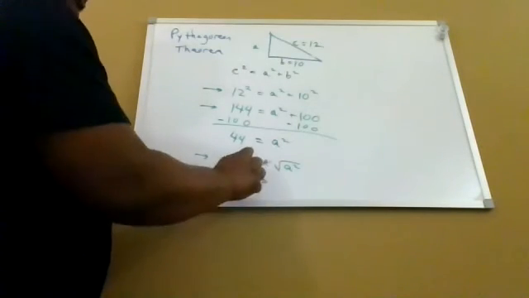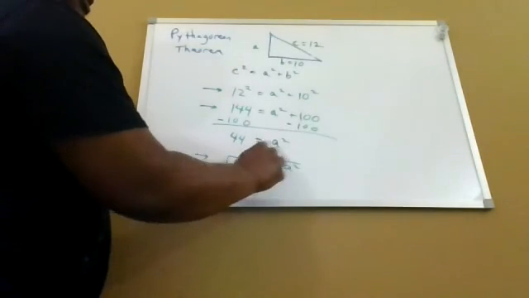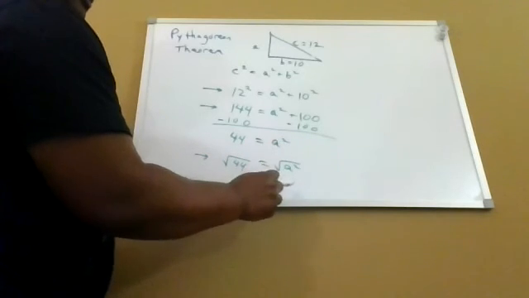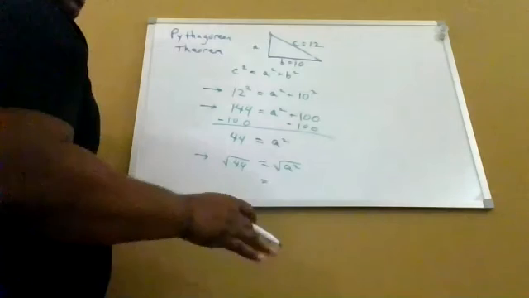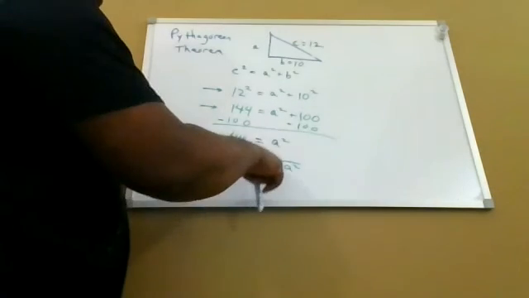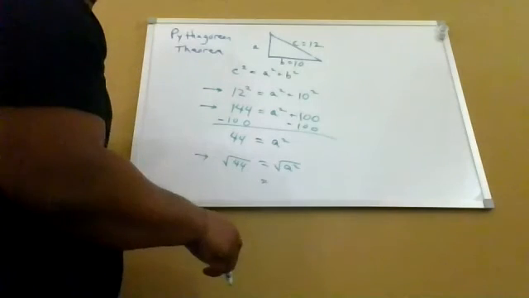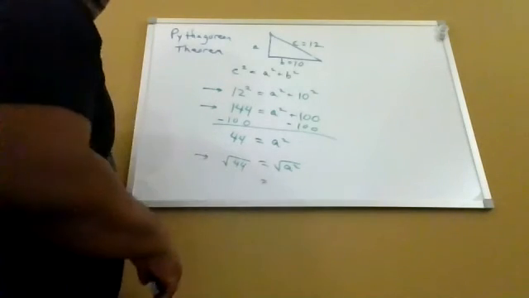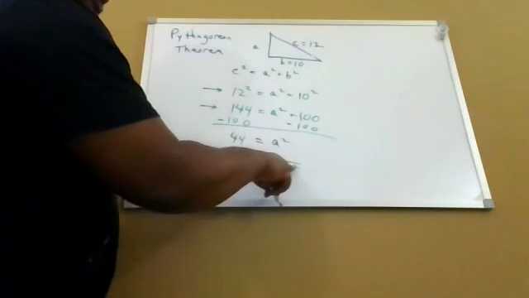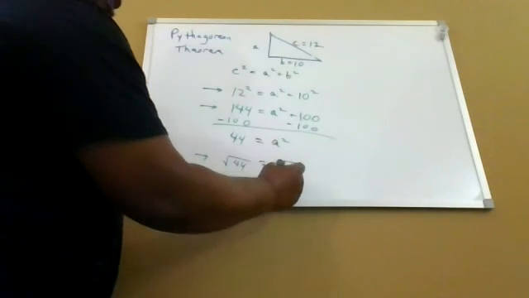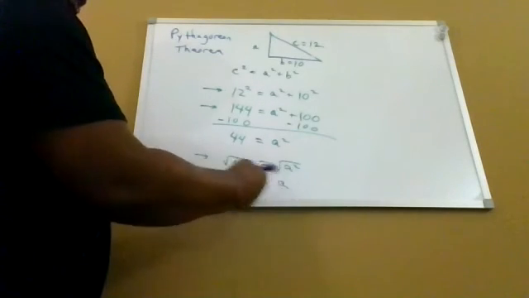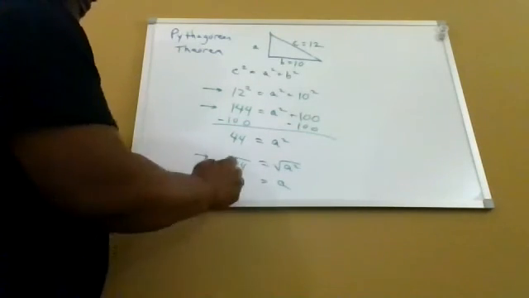And as we just said, when you take the square root of the square, the square root sign and the 2 cancel each other out. Might be hard to think, wow, how can a sign or a symbol cancel out a number? Well, that's a whole different discussion. But trust me, it works. The square root of a squared, believe me, is just a. And now on the left side, I have square root of 44.